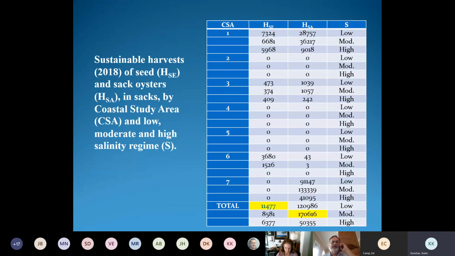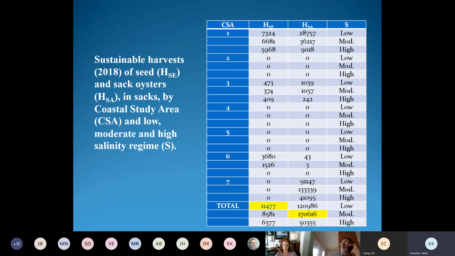Okay, so then sustainable fishing essentially is the sum of the results across the different coastal study areas. So we have coastal study areas from 1 to 7. We have the harvest of seed, the harvest of sac, and then the salinity scenario. So you get 3 different estimates based on salinity scenario.